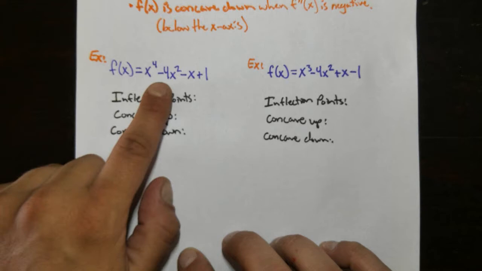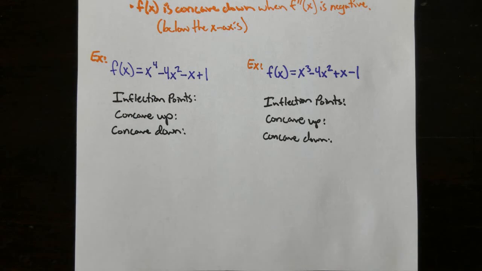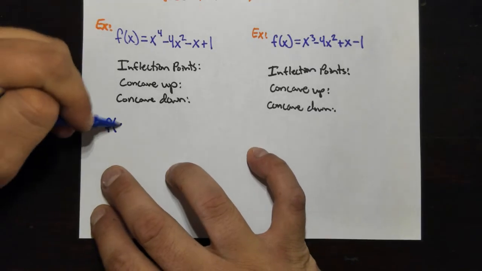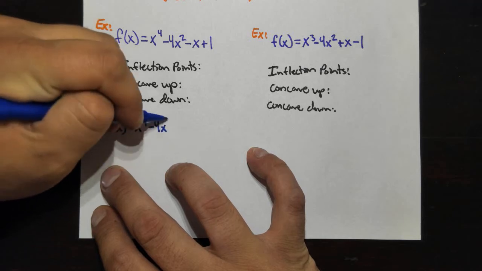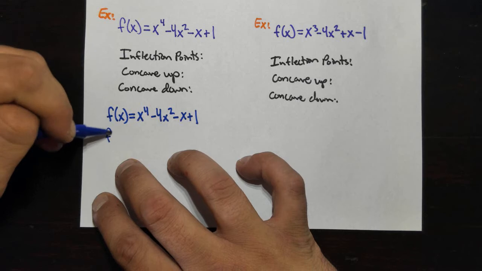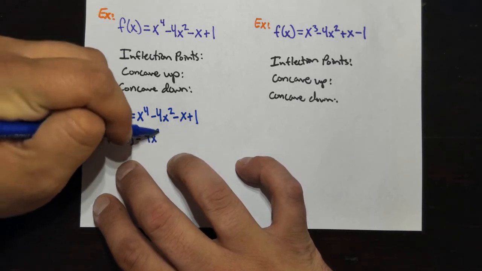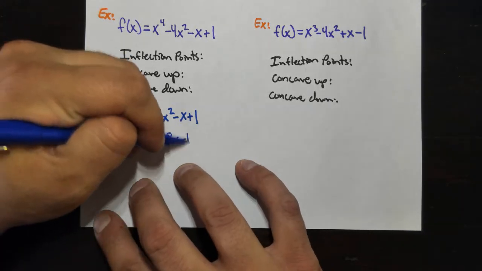So, let's give some examples. Here we have our function f of x. Let's first start off by finding the second derivative. If f of x is equal to x to the fourth minus 4x squared minus x plus 1, the derivative would be f prime of x equals 4x cubed minus 8x minus 1.